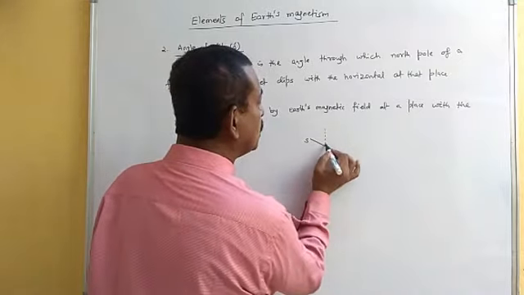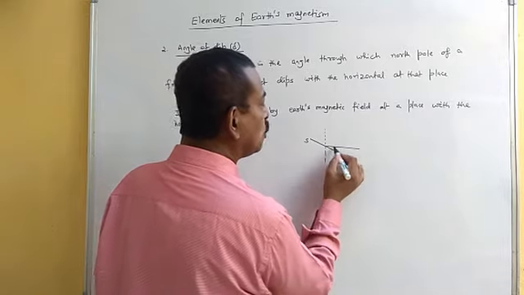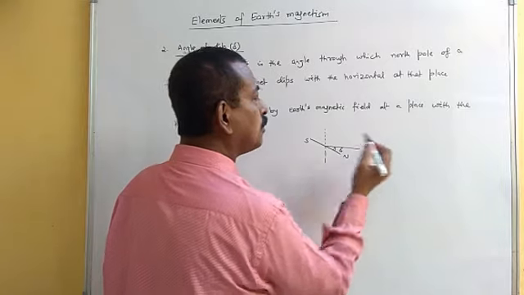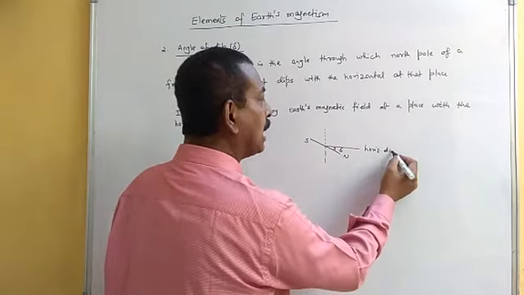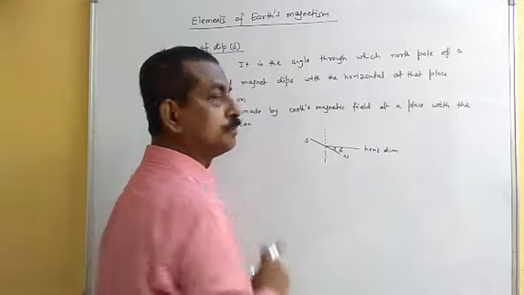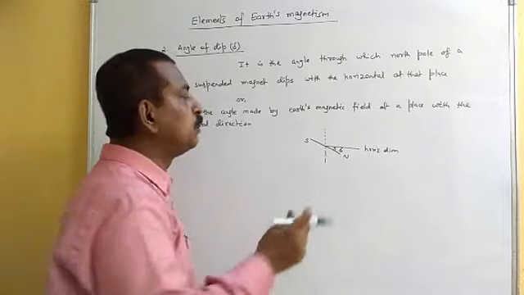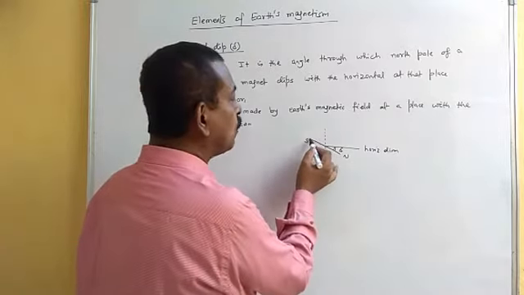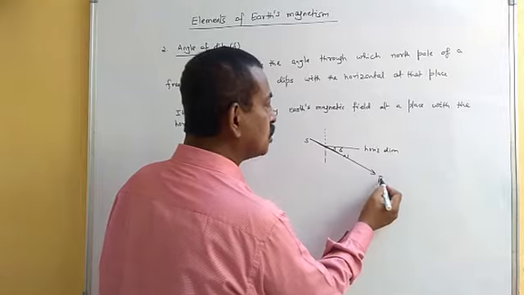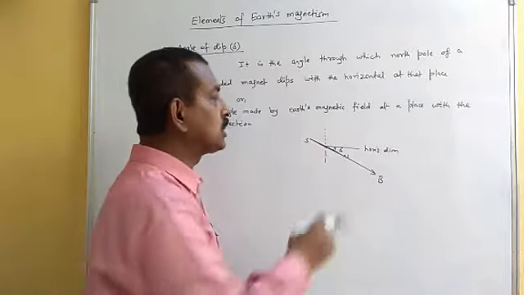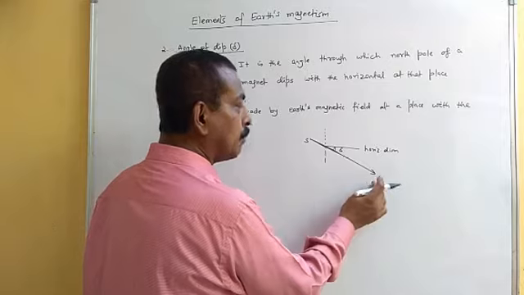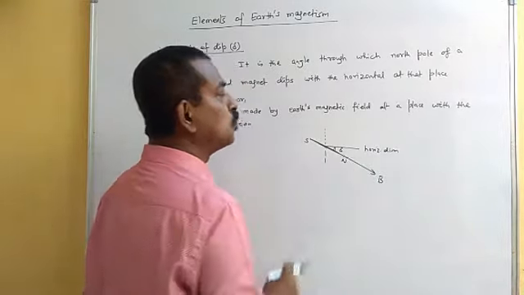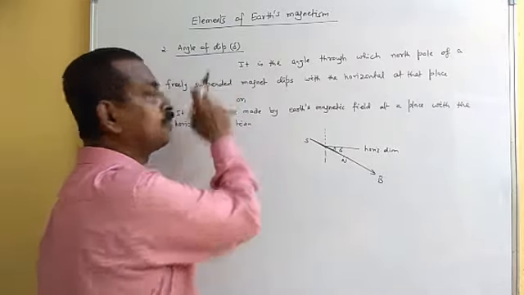So this particular angle through which it is dipping with the horizontal, this is the horizontal direction, will be called the angle of dip. In fact, if you consider Earth's magnetic field at that place, that one will also be in this direction. So this is the Earth's magnetic field at that place, and this is the horizontal direction. So the angle between the two will be called the angle of dip.